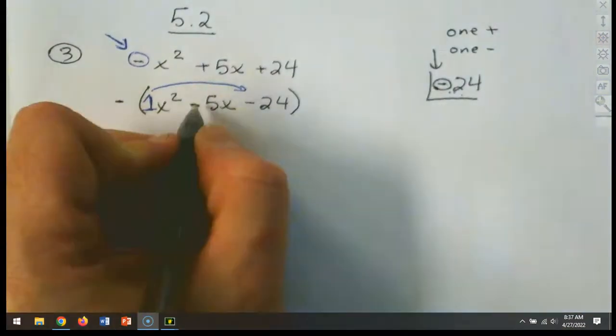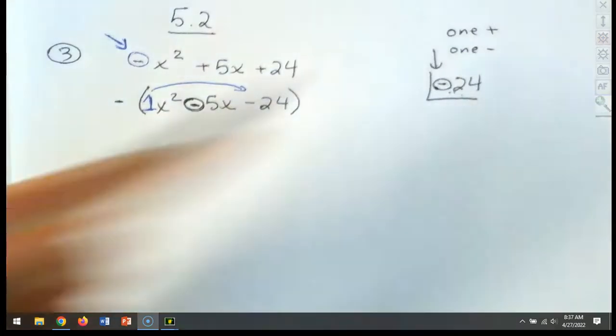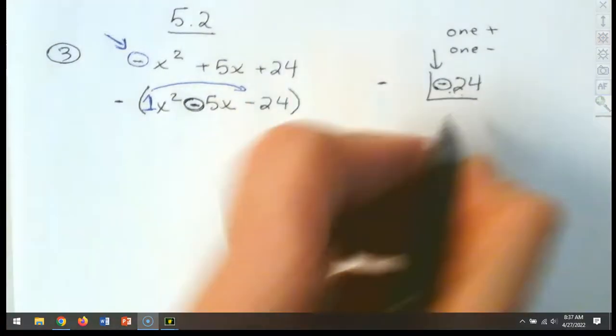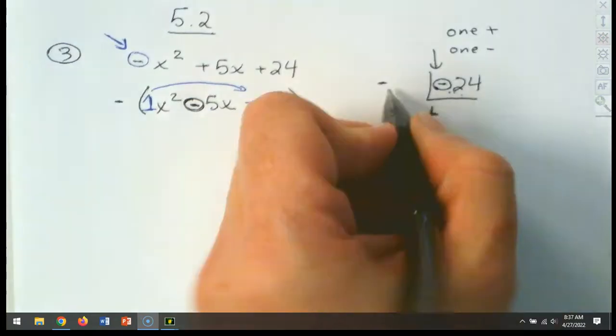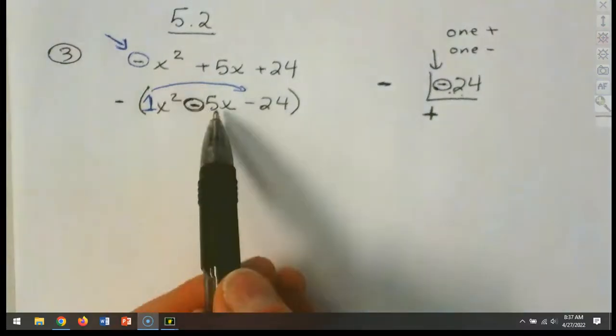Now, how do we know which one's bigger? Well, we look in the middle. And in the middle, the sign is negative. So that tells me then that the larger number is negative, smaller number is positive. Now we need to find our 2 numbers. So we need 2 numbers that are going to multiply together to give you 24, subtract from each other to give you 5.